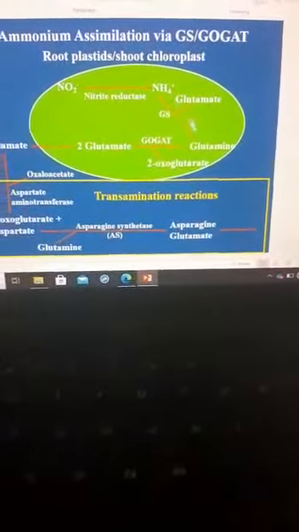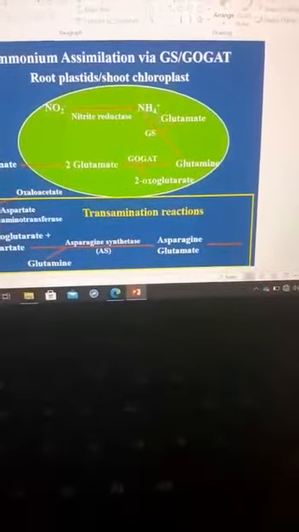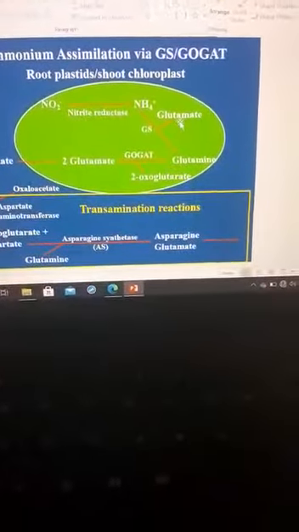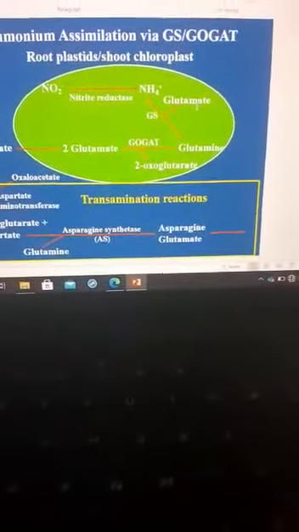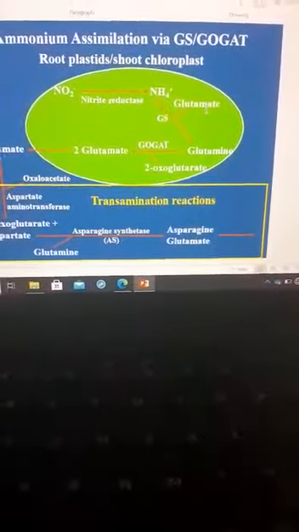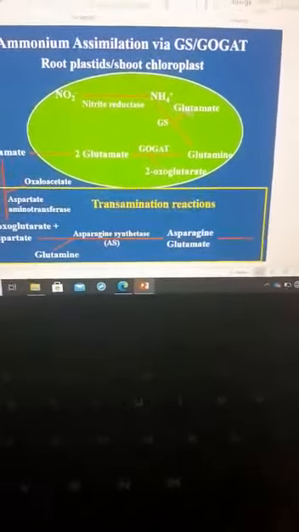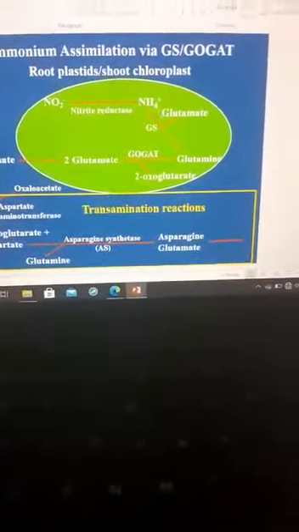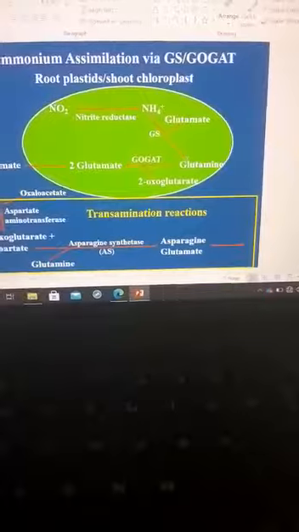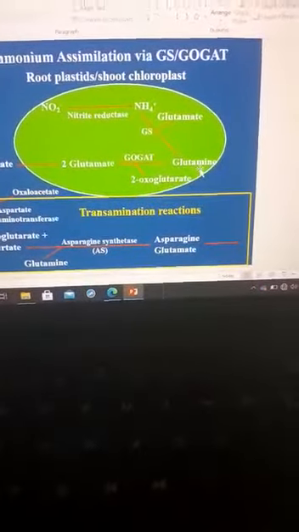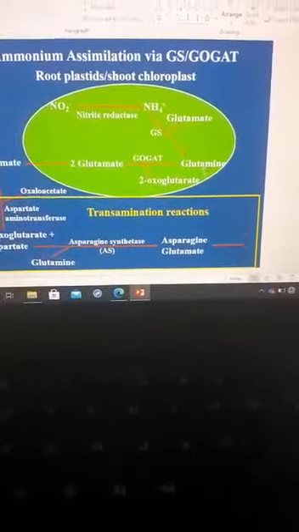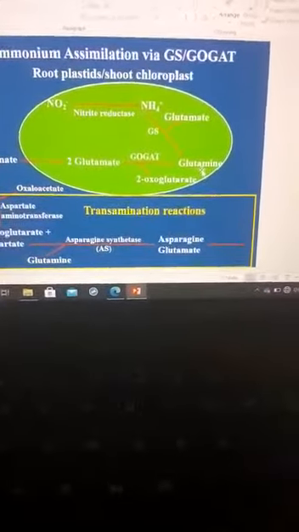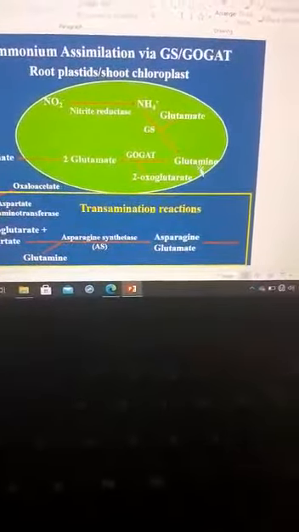We've already covered that. So the ammonium combines with a glutamic acid, an existing amino acid within the plant. And when the two combine, they will form a product which is not an amino acid, but an amide, because it has got two NH2 groups.